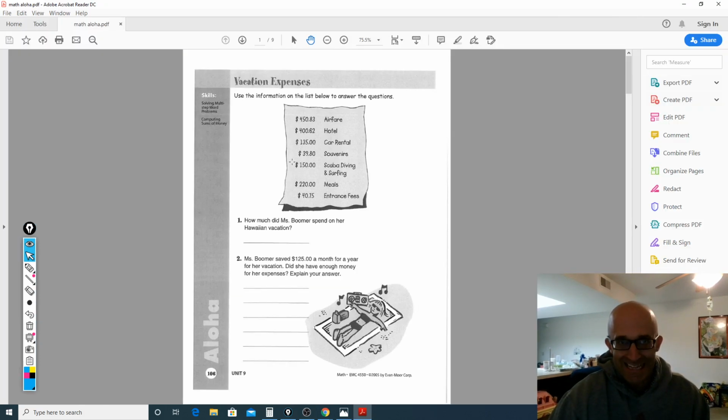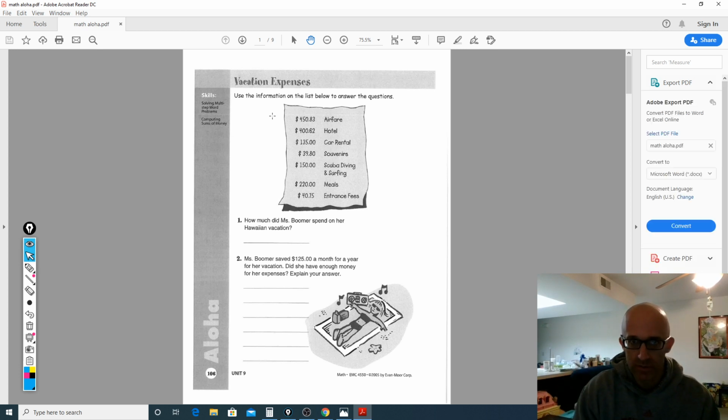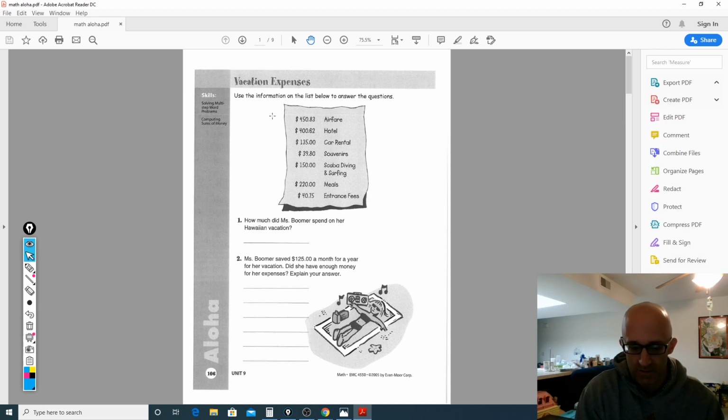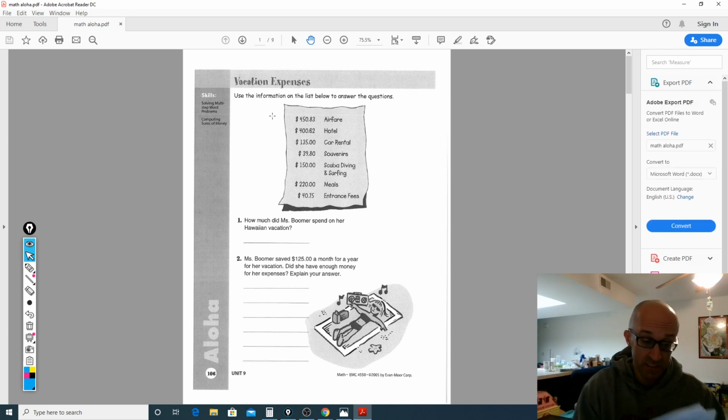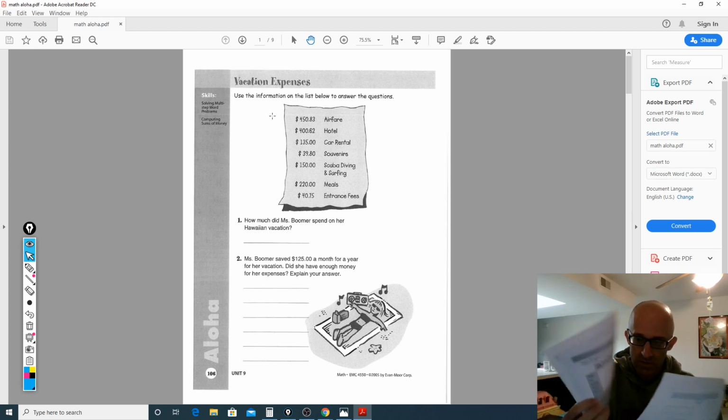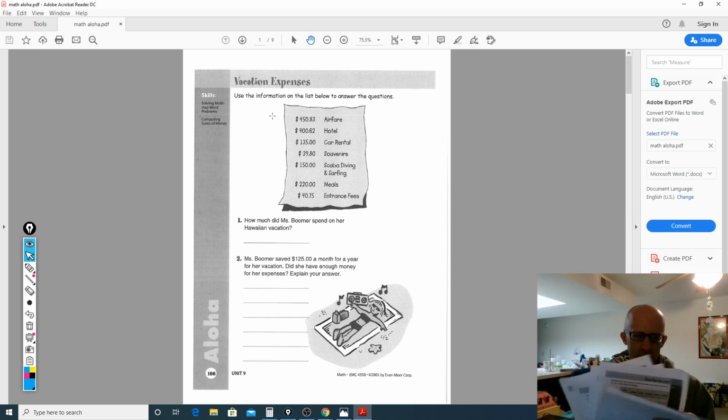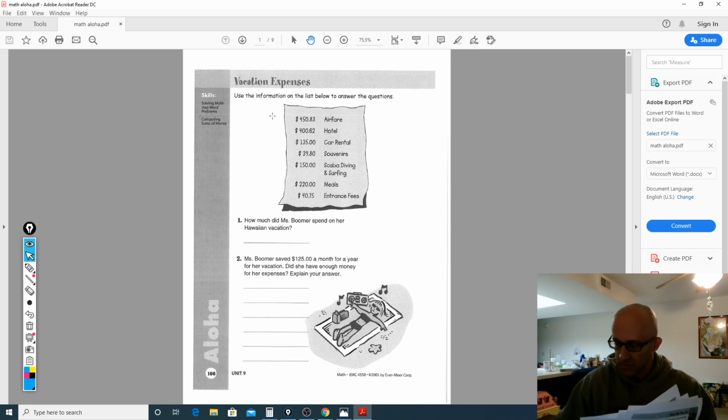It should look something like this. I'll go through and help guide you with some of the information on here so you can get working through that. On this specific packet there were like 12 pages.